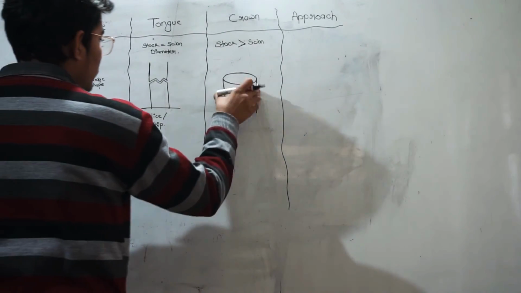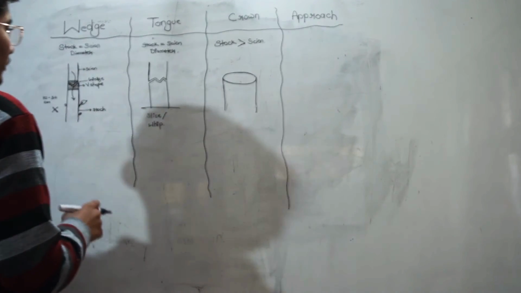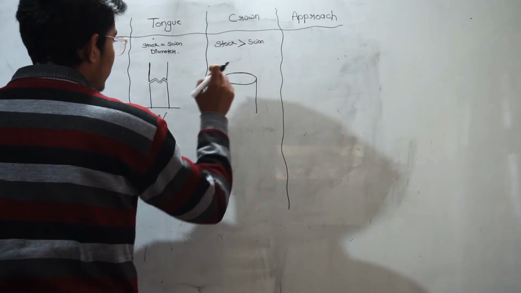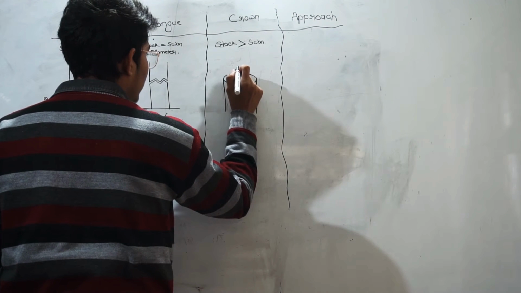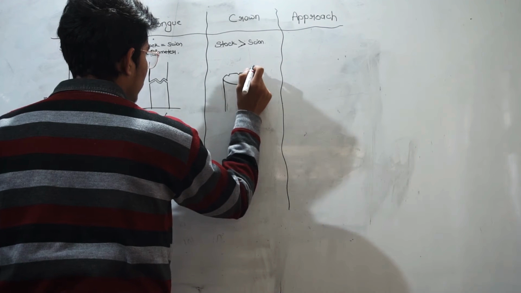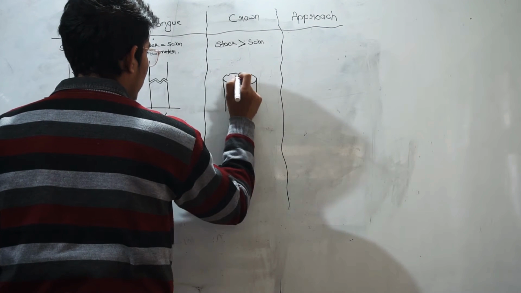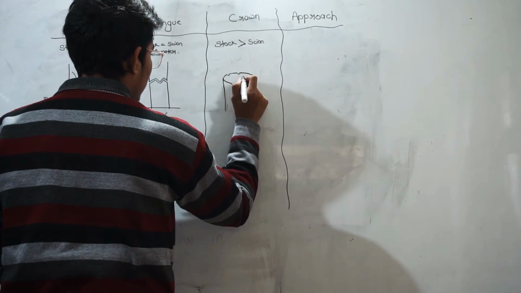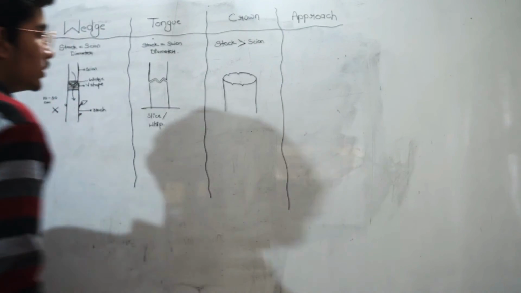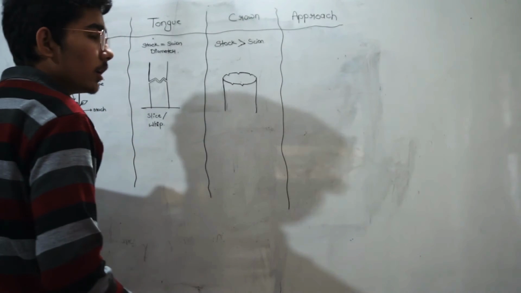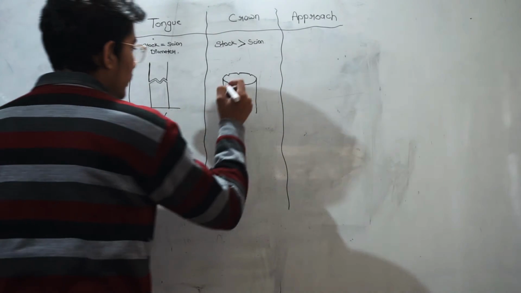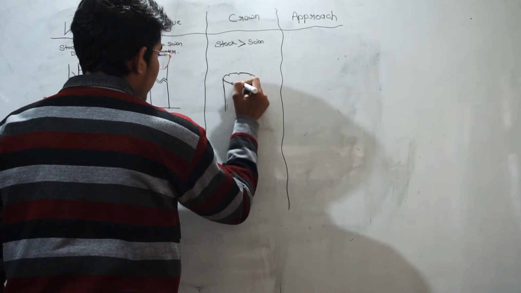This is the stalk part, and we will give very small cuts here like this. So these types of cut are presented over here, and here the bud is placed.